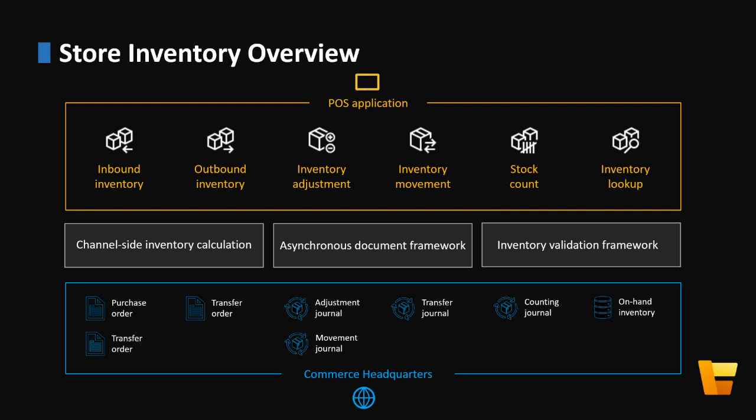And fundamentally, those operations are utilizing the capabilities in headquarters to process the inventory data in the ERP system. For example, the inbound and outbound operations process purchase orders and transfer orders. Those are the standard documents in our Dynamics ERP to track the product receipts, shipment, and the cross-warehouse inventory movement.